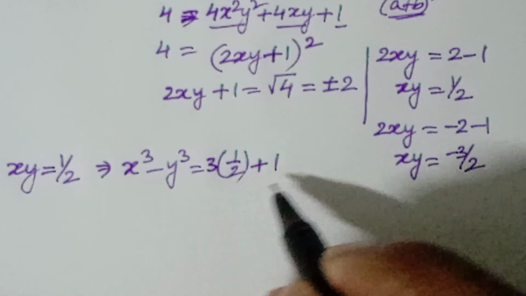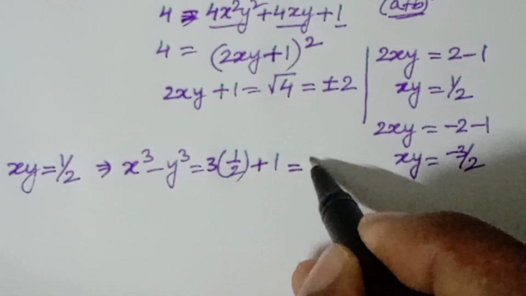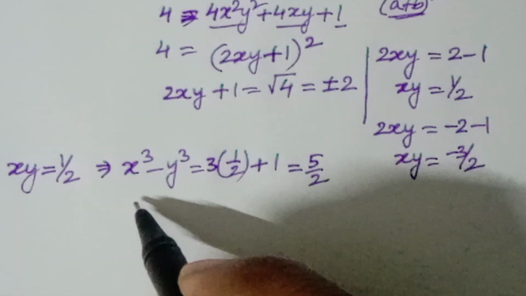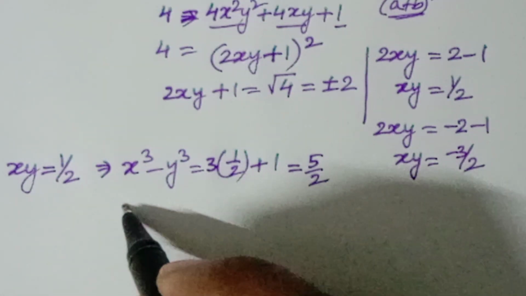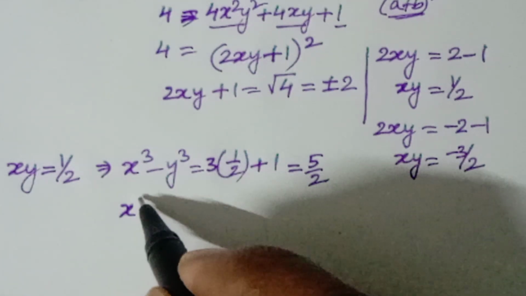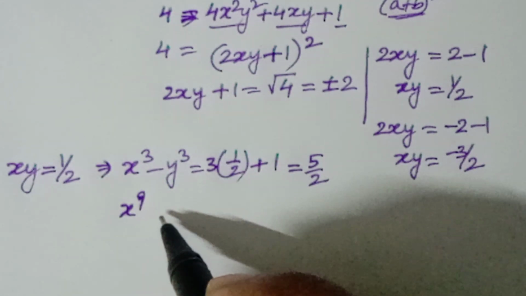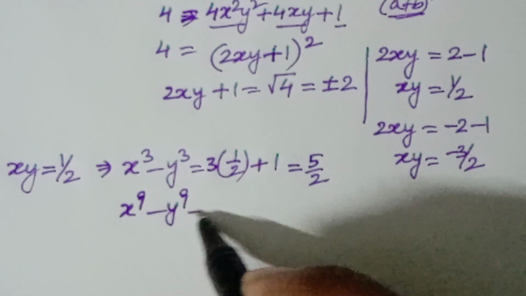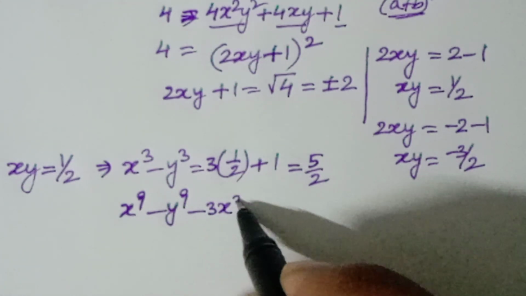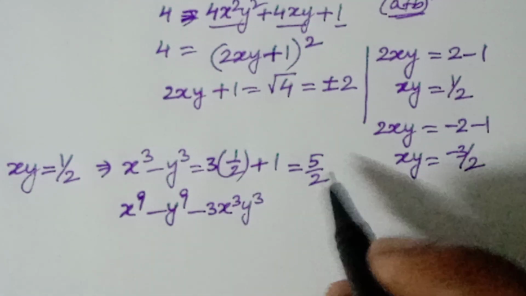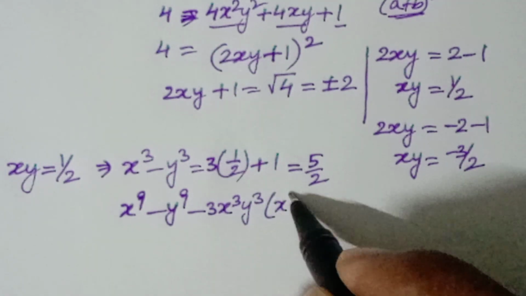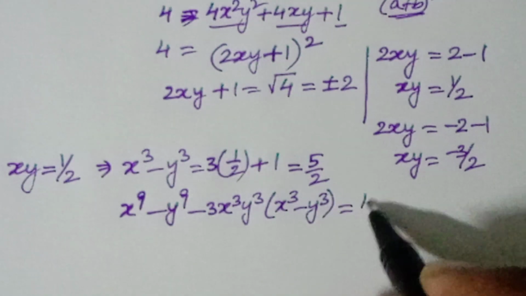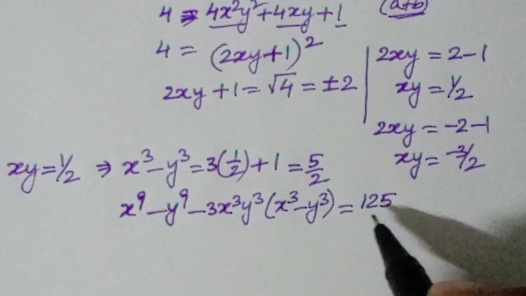So here 3 by 2 plus 1, you will get the value 5 by 2. So cubing on both sides, x to the power of 9 minus y to the power of 9 minus 3x cube y cube. Cubing on both sides, x cube minus y cube is equal to 125 by 8.